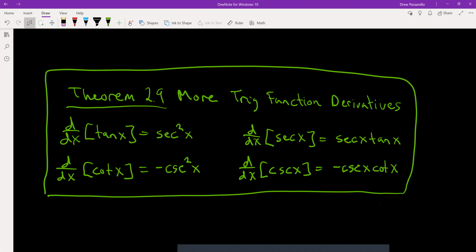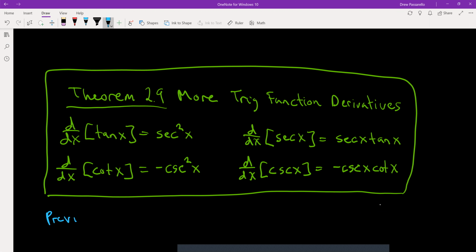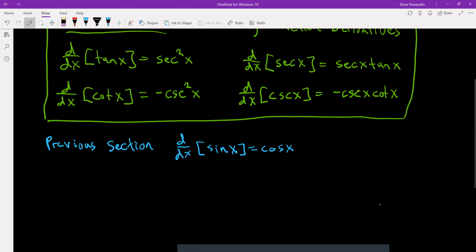And right now, so the previous section, we got the derivative of sine was cosine. And then the derivative of cosine is negative sine.